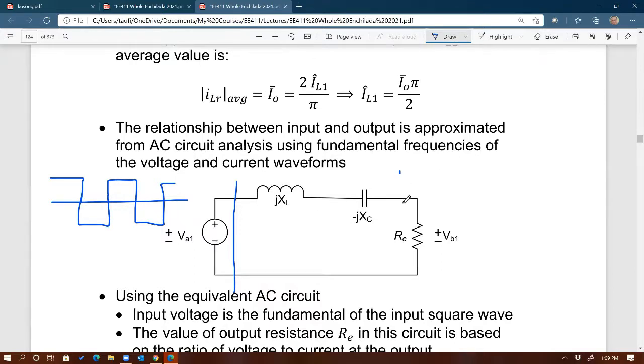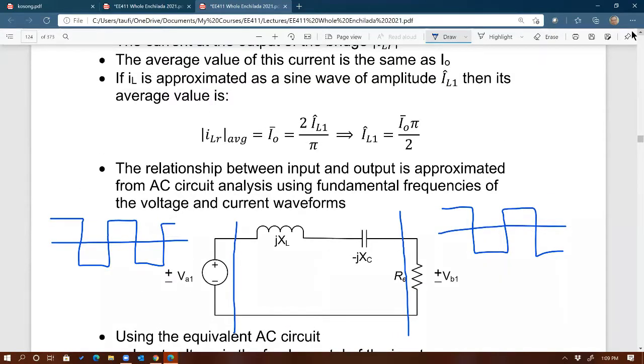Same thing with the output of the resonant tank. The output also flips back and forth between plus V out and minus V out. Remember that, from the beginning of the chapter. So it's a square wave as well. Therefore, it's not that easy to get the exact equation for the average output voltage.